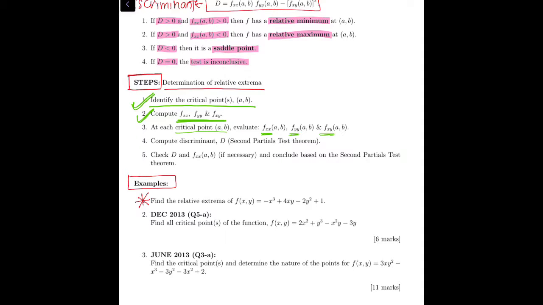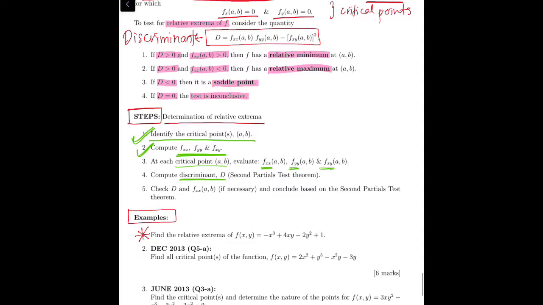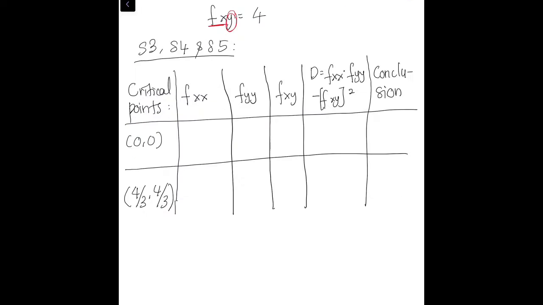For steps 3, 4, and 5, we do them together. Step 4, we compute the discriminant D. And step 5, we check D and fxx and conclude based on the second partial test theorem above. So you have to draw a table like this.